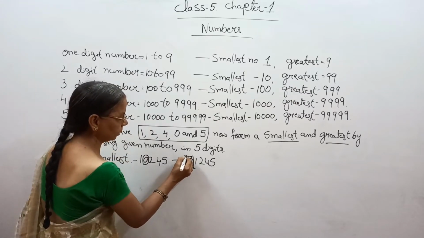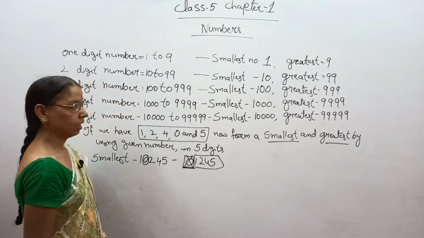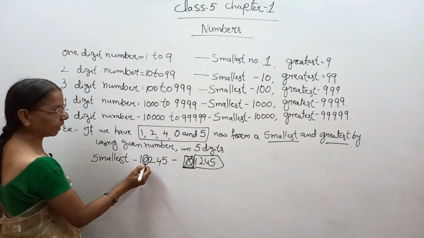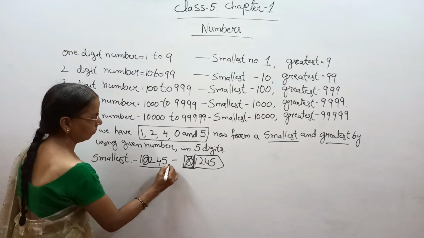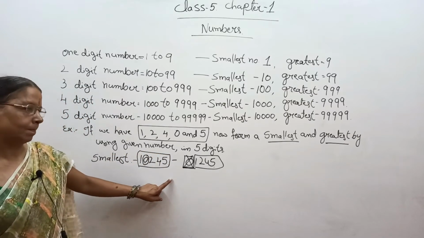Its value is 0, and then the number is only 4 digits. That's why we have to put 0 in the second place, and then we get the 5 digit number.